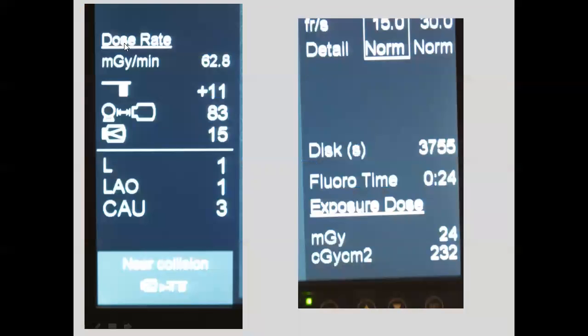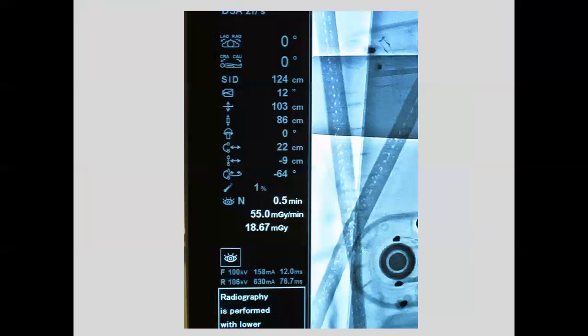In our GE room, here's your dose rate, and then on a different screen, you have your cumulative air kerma and your dose area product. And then in our Toshiba room, you have cumulative air kerma and your dose rate on the same screen, but dose area product is back in the control room. So they're all over the place. Whenever you use a new machine, you should look to see where those numbers are displayed and just know of them and look at them.